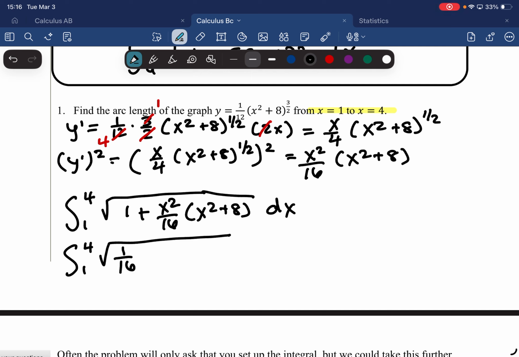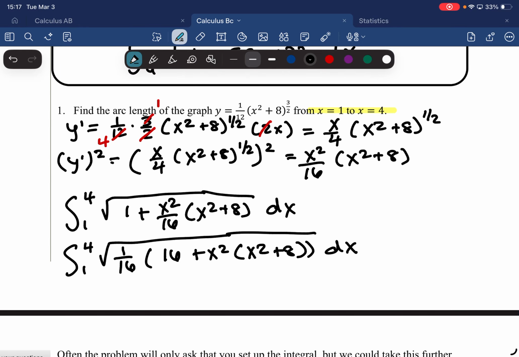So this is 1 over 16 times (16 plus x squared) times (x squared plus 8) dx. Notice I multiplied by 16 to get that fraction out of there, but I still divided everything by 16 in the very front, so really I didn't do anything. Okay, I multiplied by 1.